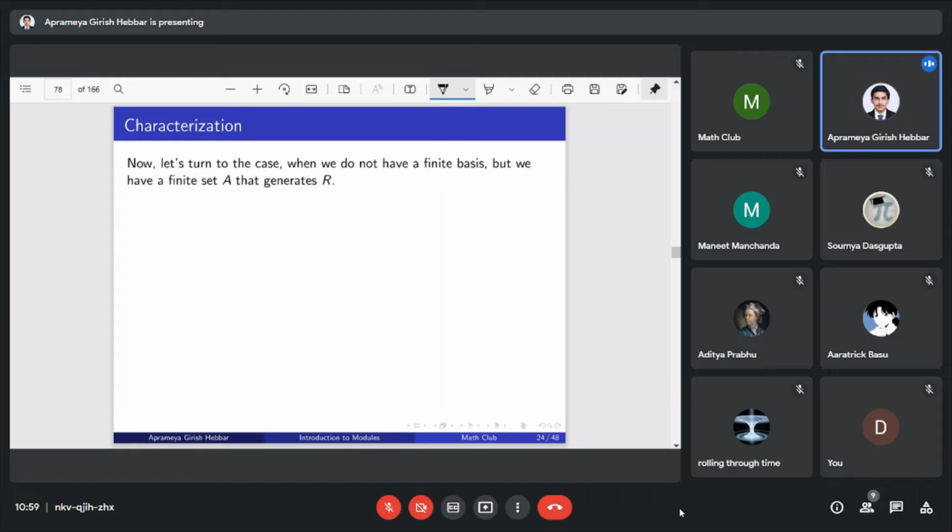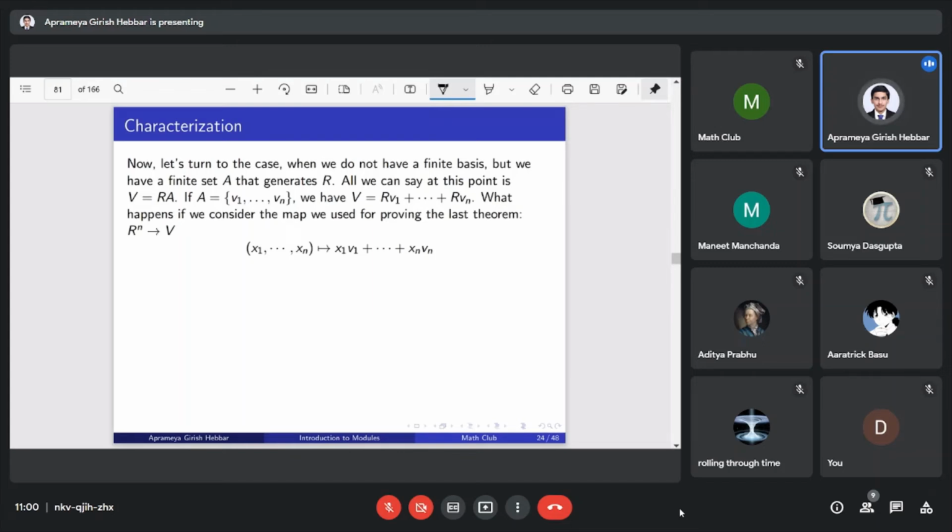So let's see if we can try to characterize this. Let's turn to the case when we do not have a finite basis, but we have a finite set A that generates V. So all we can say at this point is V equals RA. Suppose A is v1 up to vn, then V equals R v1 plus up to R vn.